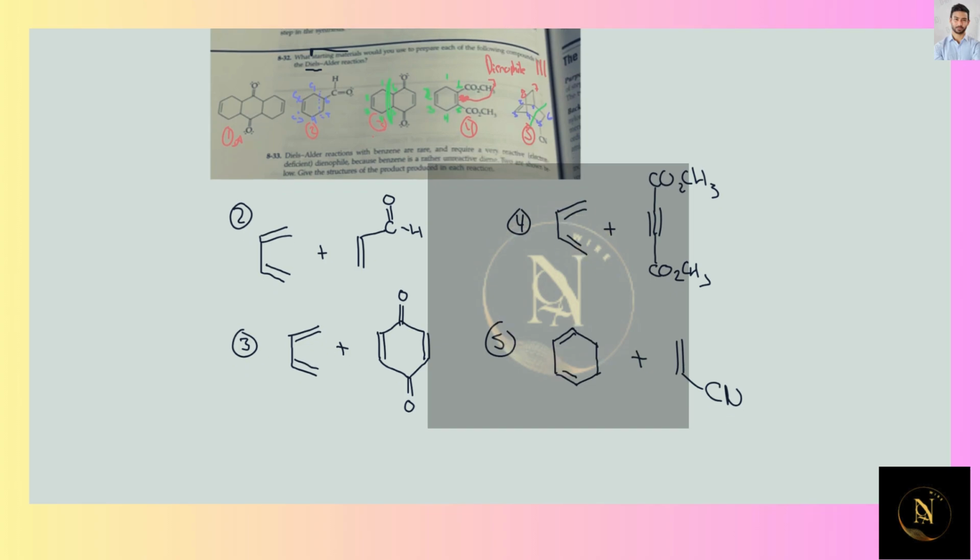So we're going to break up carbon 1 and 6 and carbon 4 and 5, giving us that the diene that we're going to employ is going to be the following. This would be our diene for our starting material plus the dienophile which is going to contain only a cyano group on this position.